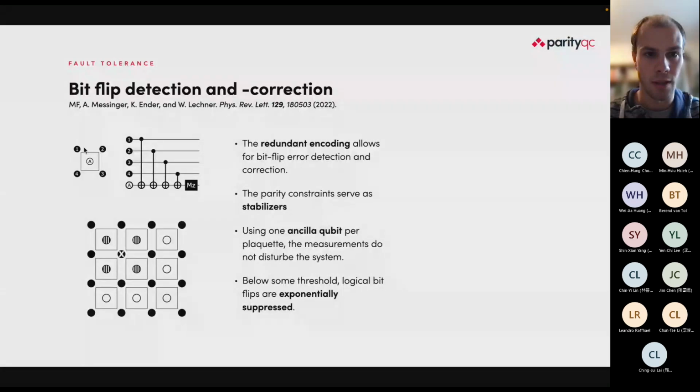And we can now check if this constraint is fulfilled by putting an ancilla in the middle of the constraint, collecting parity on this ancilla via CNOT gates, and applying a Z measurement. If the outcome is eigenvalue +1, I know the constraint is fulfilled, everything is fine. However, if I get measurement outcome -1, I know that something happened and I have to correct.